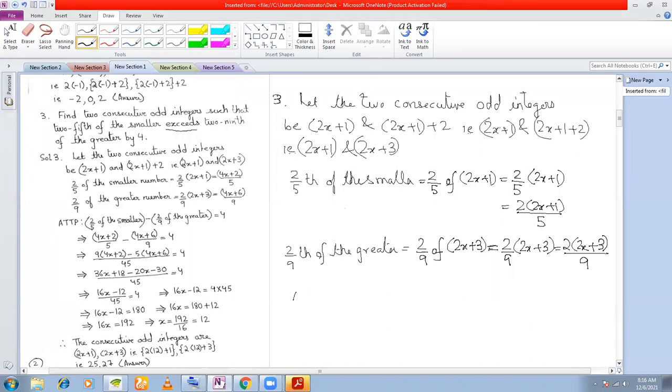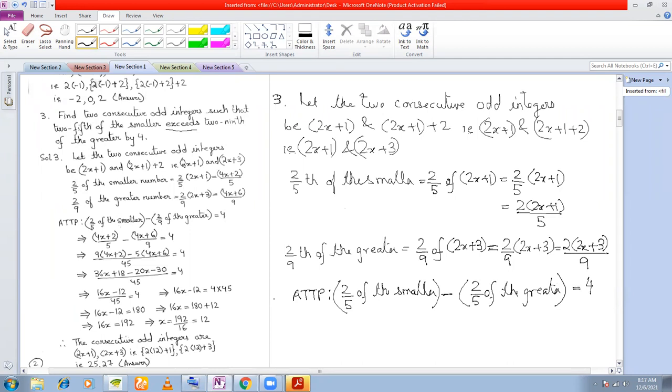So, according to this problem, 2/5 of the smaller is more than 2/9 of the greater by 4. Sir, actually it's 9. Yes, 2/9. That means if you subtract them, 2/5 of the smaller minus 2/9 of the greater must be equal to 4.